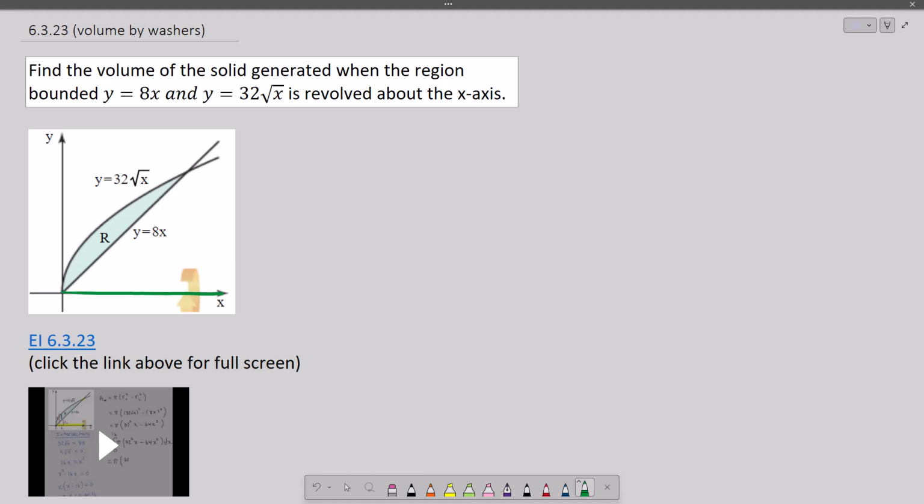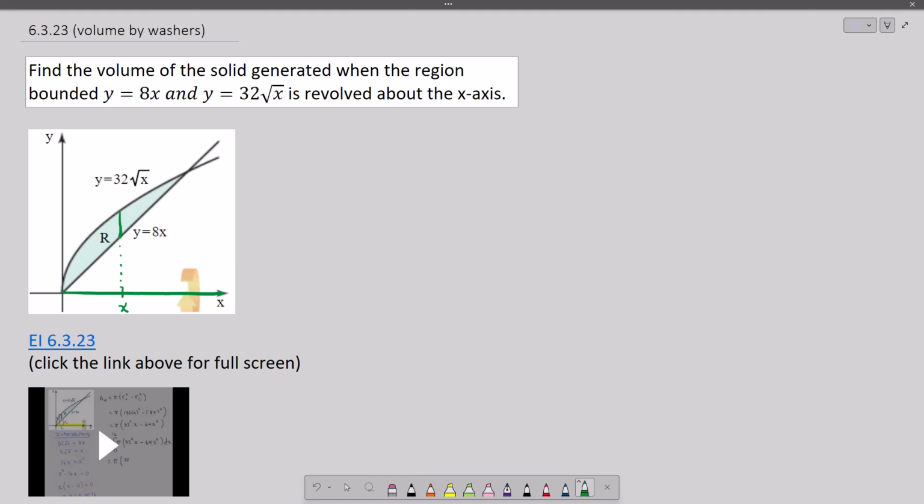So when we draw a representative rectangle here, should it be parallel to the x-axis, or should it be perpendicular to the x-axis? Perpendicular. Right, if I draw that element right there at a random x, that's what creates a washer. It's got to be perpendicular to the axis to create a washer.